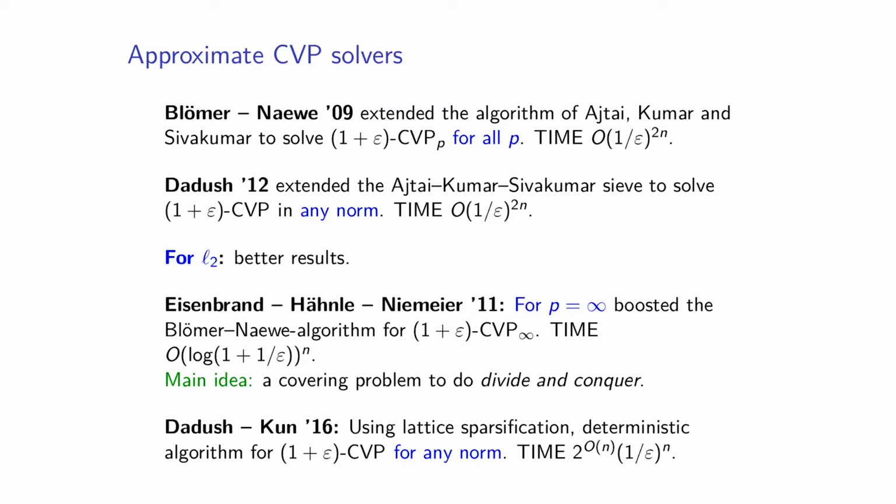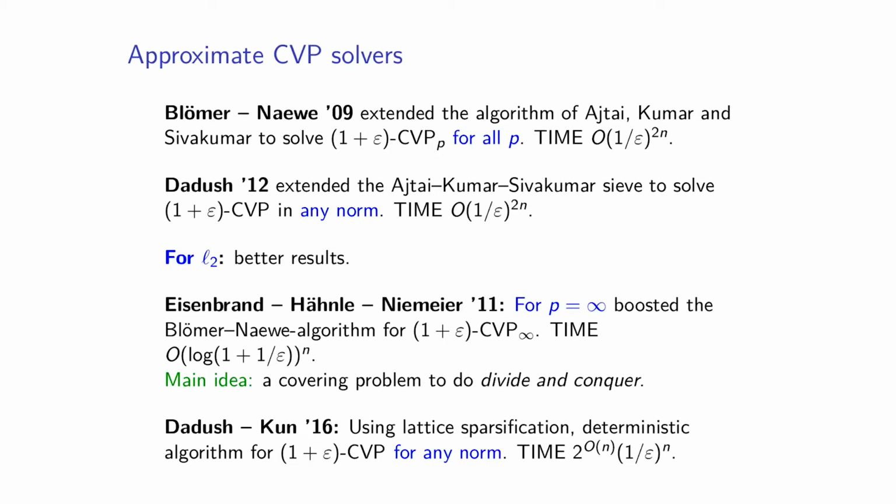First, Blömer and Naewe, building on the works of Ajtai, Kumar and Sivakumar, gave an approximate CVP solver for all p. So it works for all L_p spaces, and the running time is (1/epsilon)^(2n). Let me just point out that exponent 2n there.